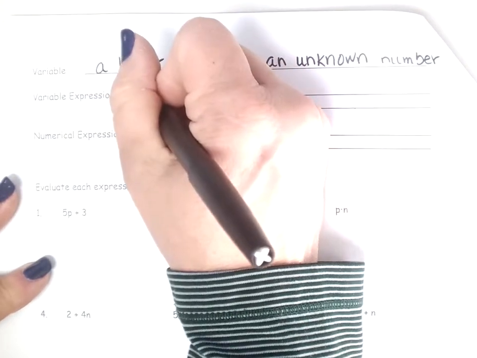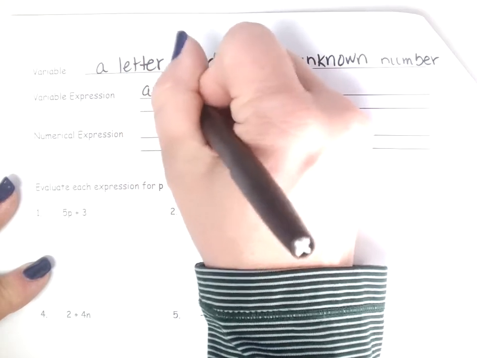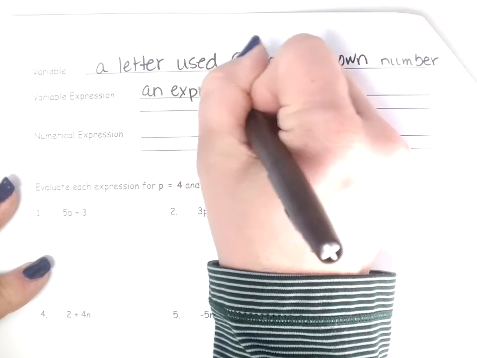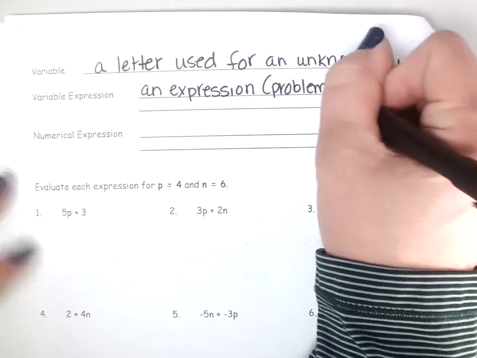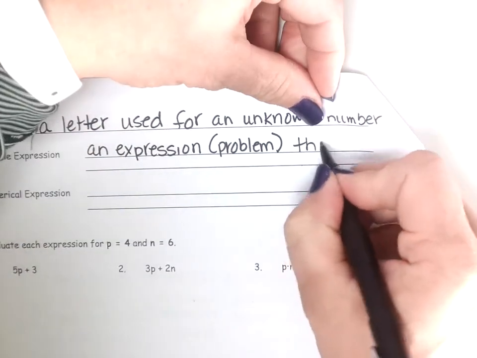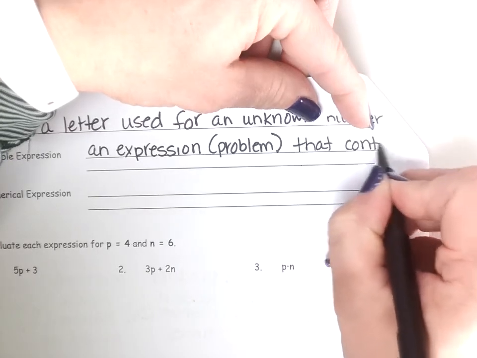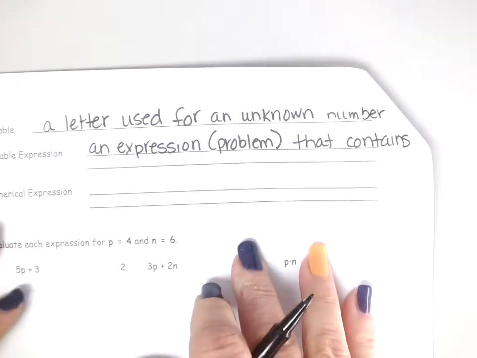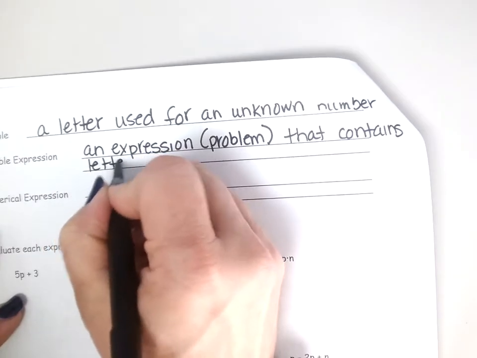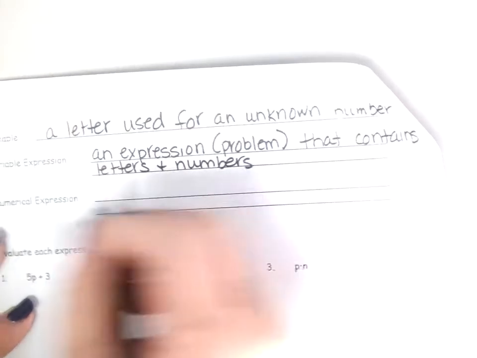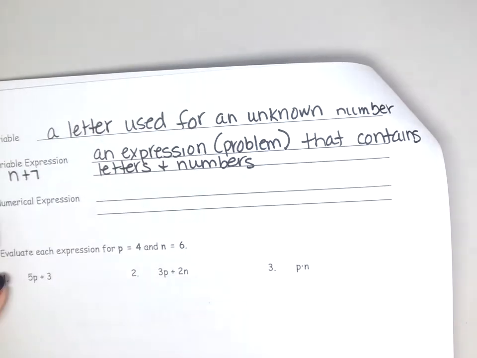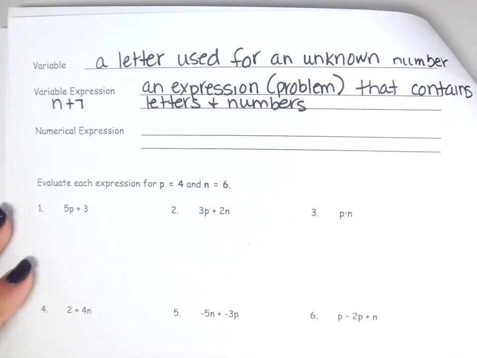So a variable expression is an expression, which I'm just going to put in parentheses, problem, that contains letters and numbers. So it could look like this, right? But it's any of the ones we wrote on the other page. All right, so it has a letter and a number.